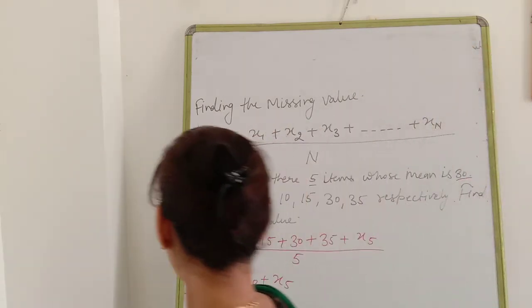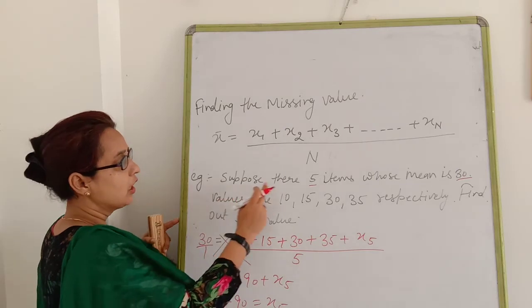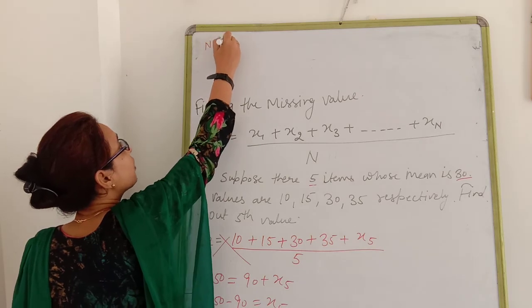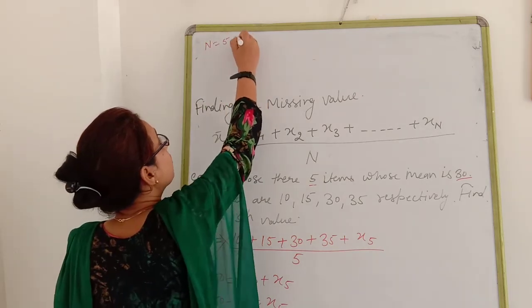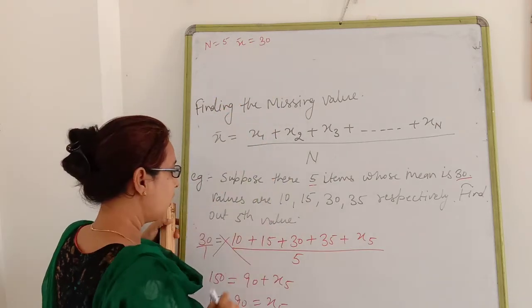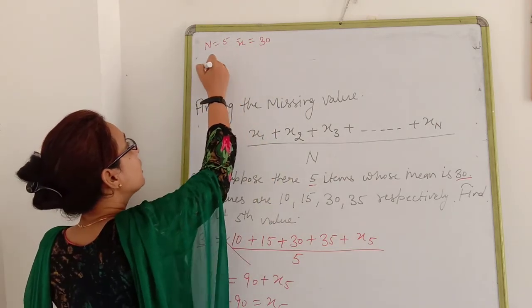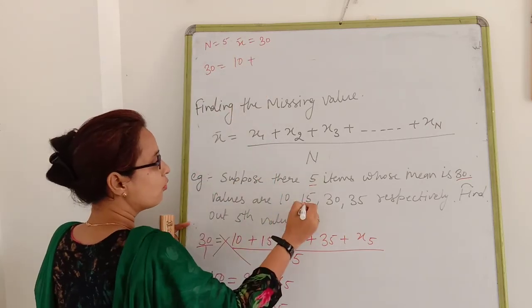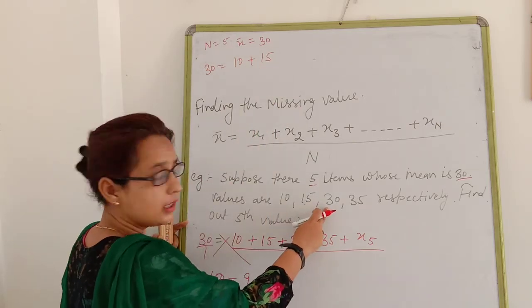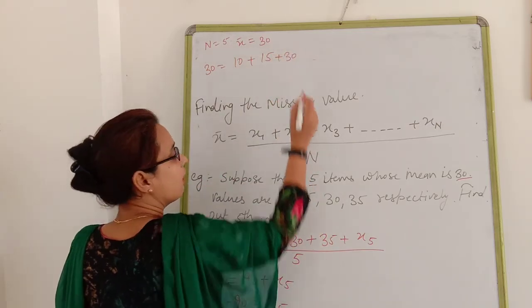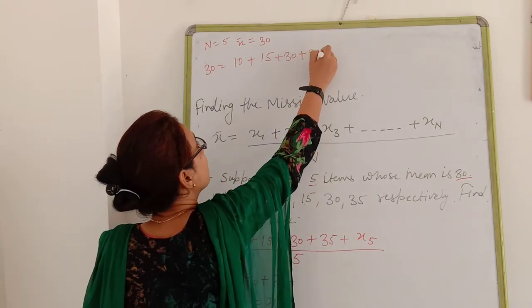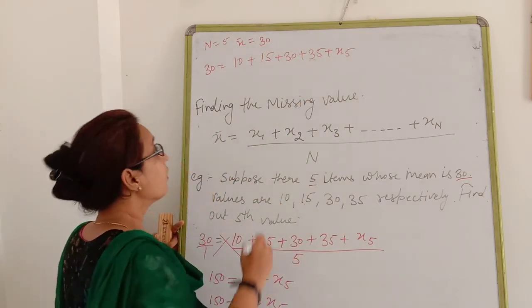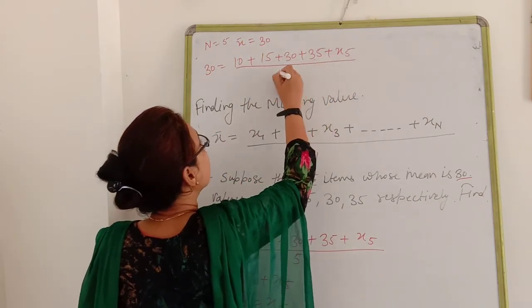I am explaining it again. Just see it again. Suppose there are 5 items whose mean is 30. Number of items is 5, mean x bar equal to 30. Okay. Now apply the formula. X bar 30 equal to x1 10, x2 15, x3 30, x4 35, x5 we have to find out. Clear? Divided by n, the number of items, that is 5.